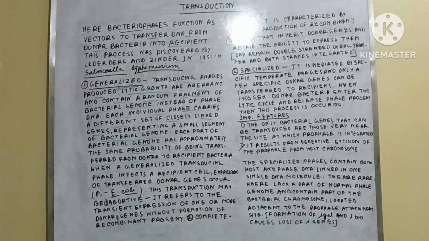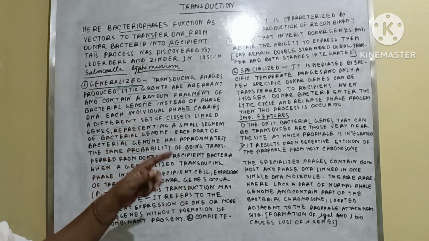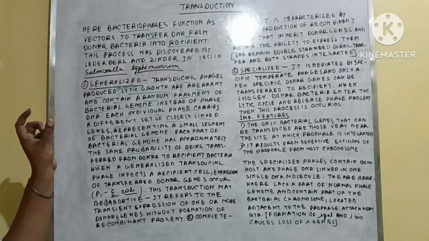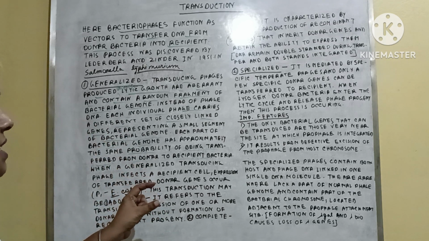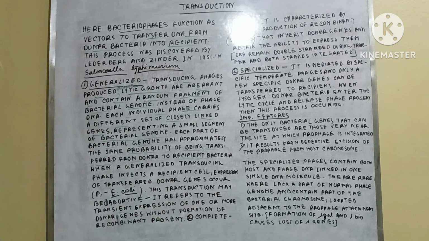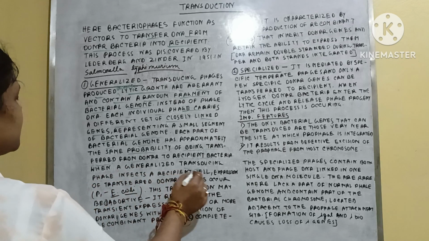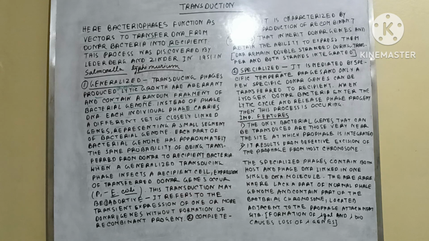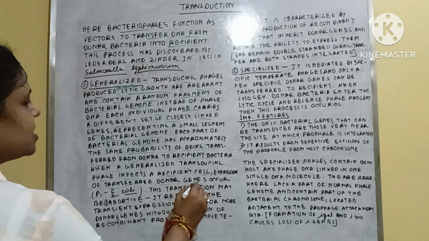Each part of the bacterial genome has approximately the same probability of being transferred from donor to recipient bacteria. First of all, the bacterial DNA enters the phage body, and then it can transfer its DNA to another bacterium, called the recipient, through the phage. When the generalized transducing phage infects a recipient cell, expression of the transferred donor genes occurs.